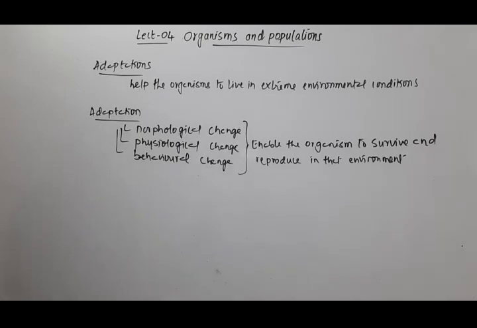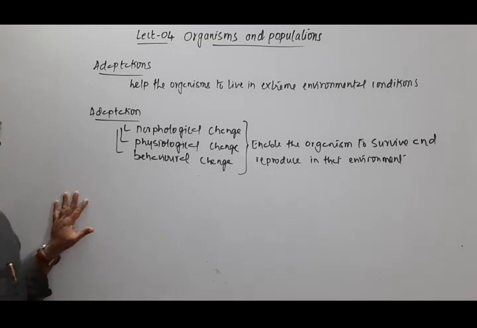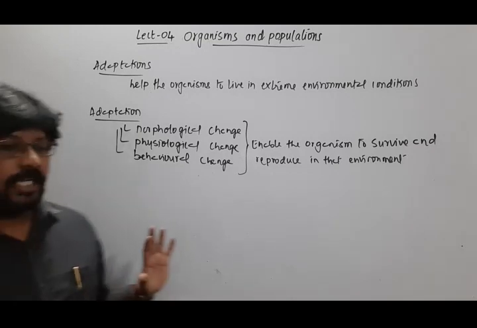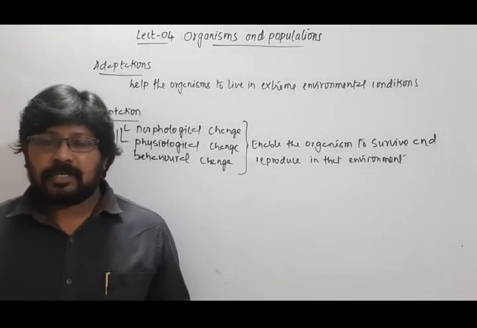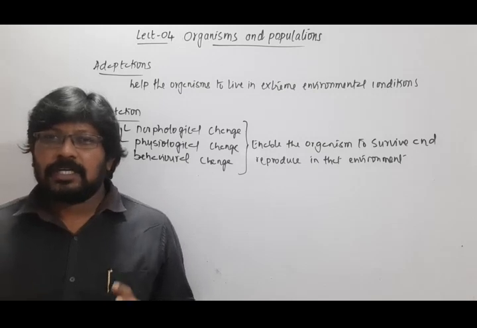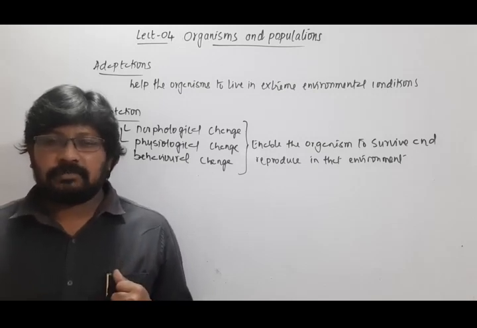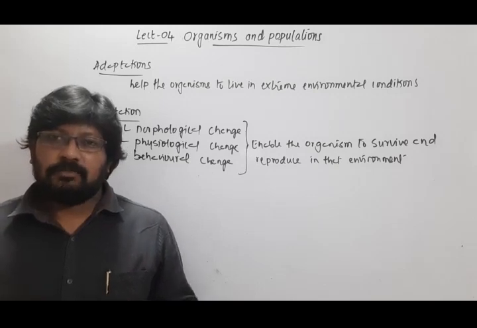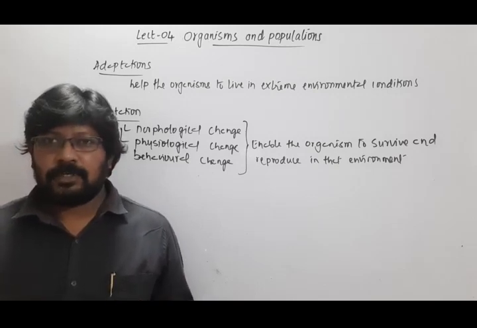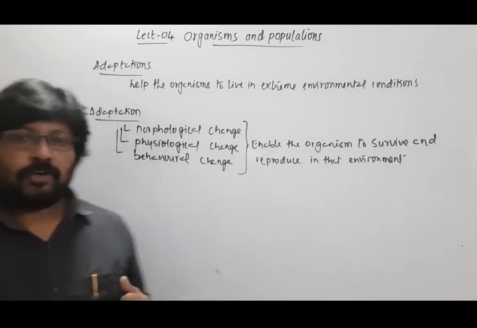right? So as I said, morphological changes means their external appearance. They may develop certain structures, like we see in case of Arctic fox. So we see the tail becomes shorter, the legs become shorter, the ears become shorter. So it means that it reduced its surface area to minimize heat loss. So those are morphological changes.